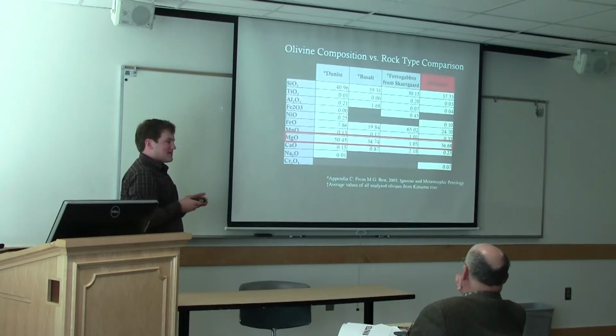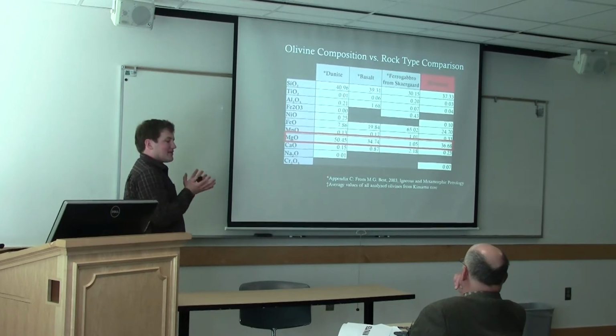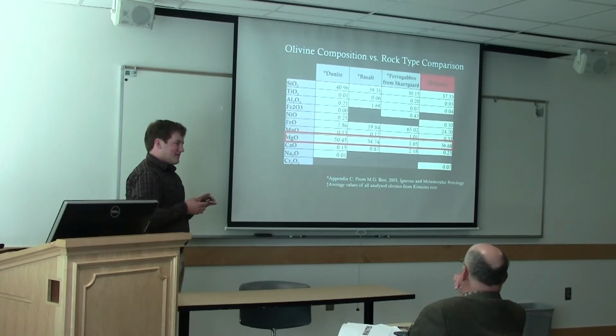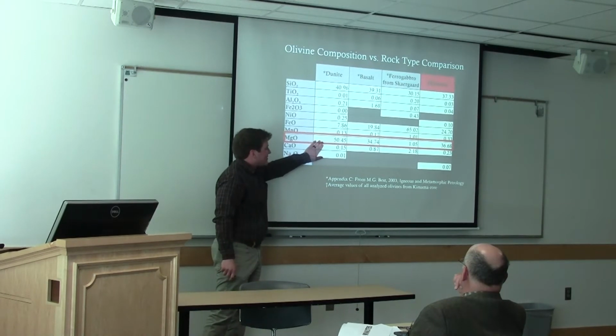So this is a comparison of the olivine crystals from the Jemima core with other olivine crystals in different rocks. And something that's worth noting is the magnesium content. So the dunite is just basically like a pure olivine rock. It comes from a very primitive composition, very high magnesium compared to the other rocks.